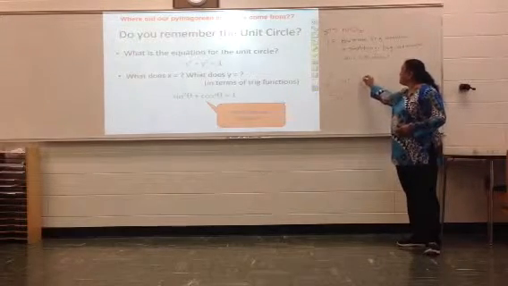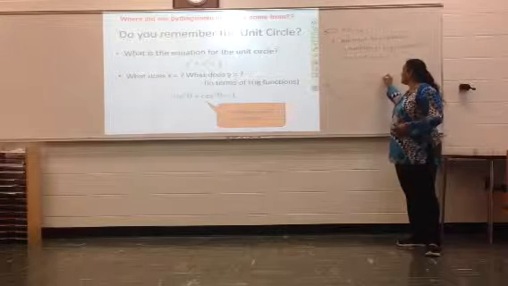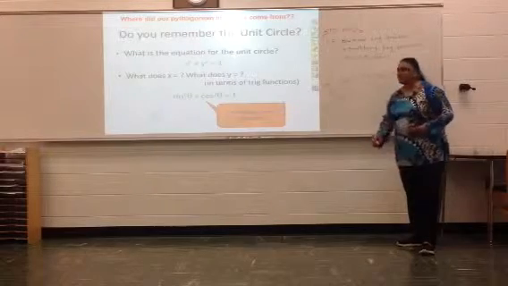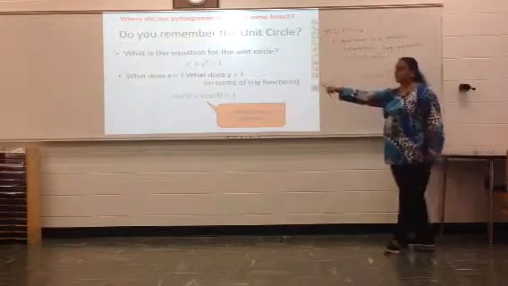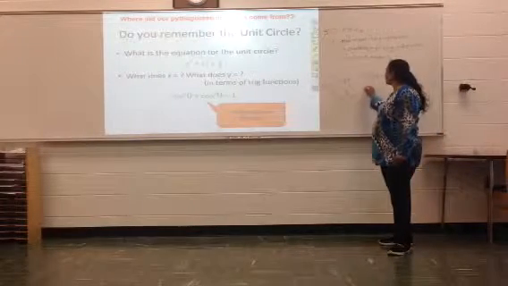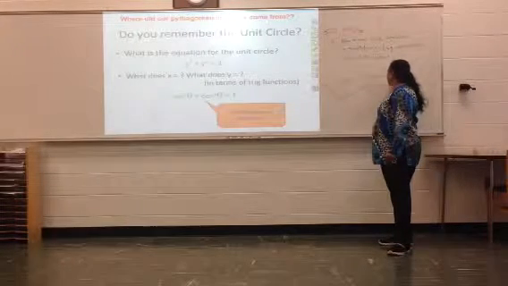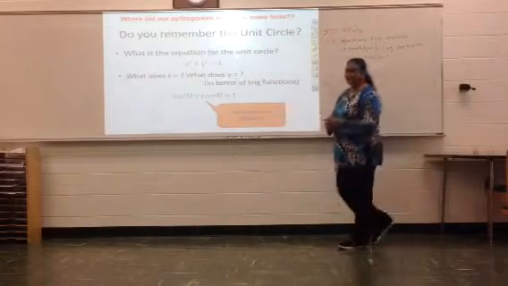So we will use opposite square plus adjacent square is nothing but hypotenuse square. So this opposite square, in the unit circle, is sin square theta, plus cos square theta is nothing but 1. That's our Pythagorean identity.